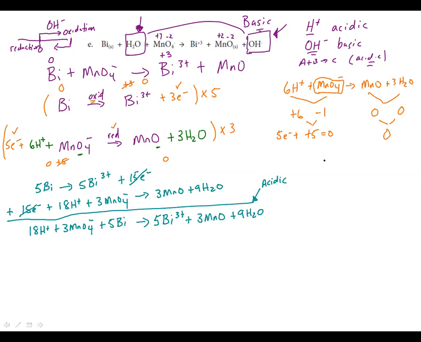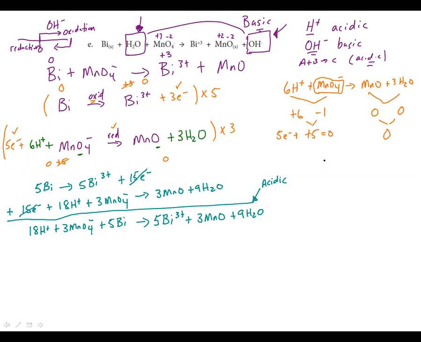We have 12 oxygens on the left. We have 3 oxygens on the right, and 9 more make 12. 5 Bi on the left, 5 Bi on the right. Overall charge is 18 positives on the left plus 3 negatives, which gives us plus 15 on the left, and on the right-hand side plus 15.